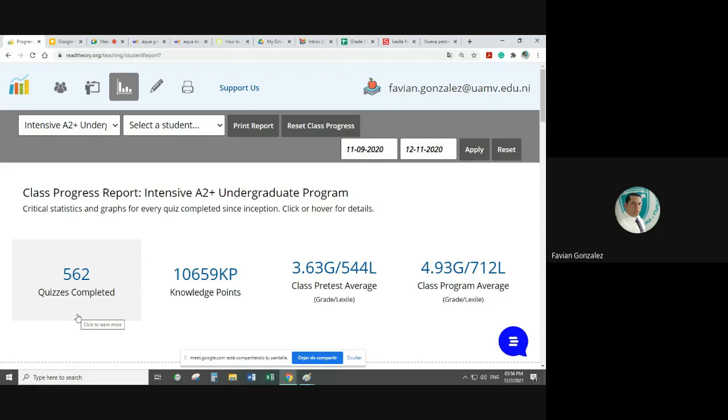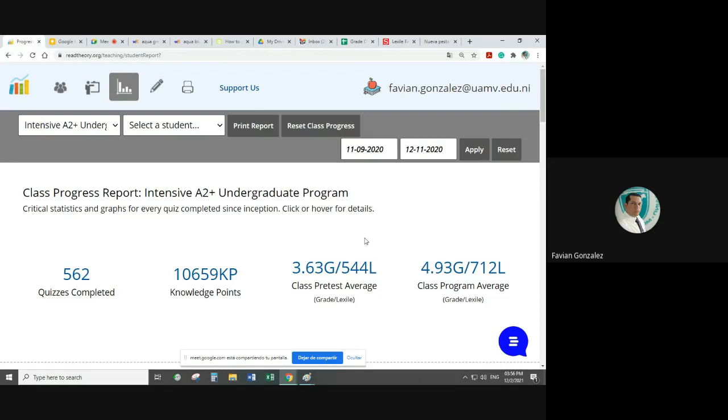As a class, when everyone took the placement test, some of them took the placement test with me because it was the first time they were using Readtheory, but some of them had taken the test months ago. Regardless, Readtheory will show you the average Lexile points of the whole class.